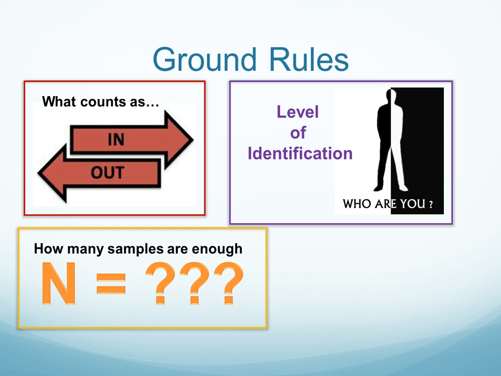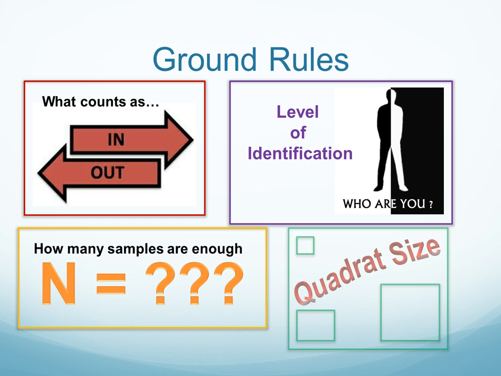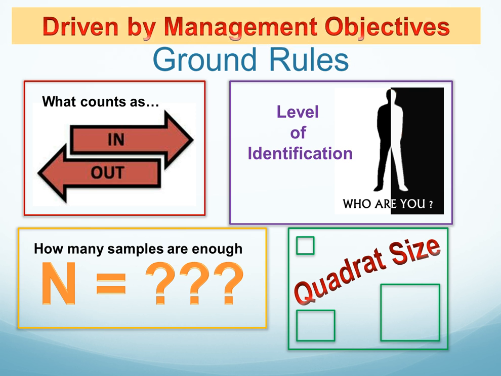There's always the question of how many samples are enough, so the sample size question is important for frequency measurements. And then, of course, the issue of selecting the appropriate quadrat size. Now, for all of these decisions, remember that they are driven by management objectives and often have to be made on a case-by-case basis.